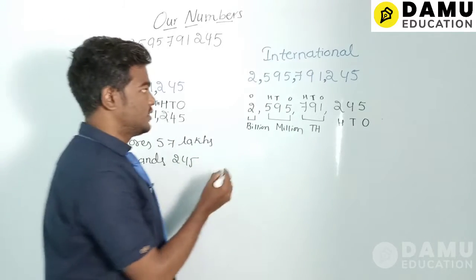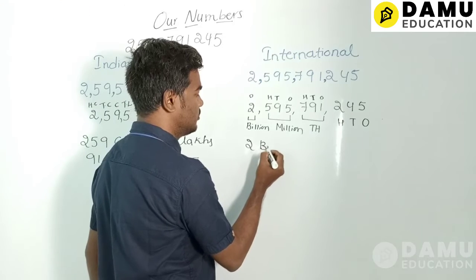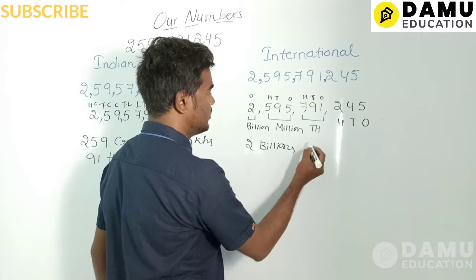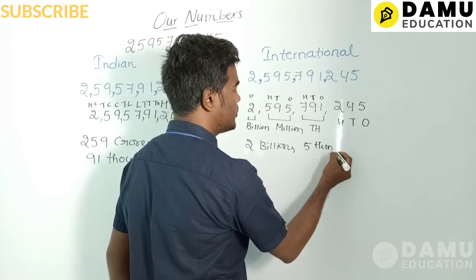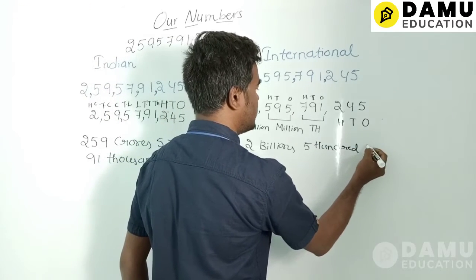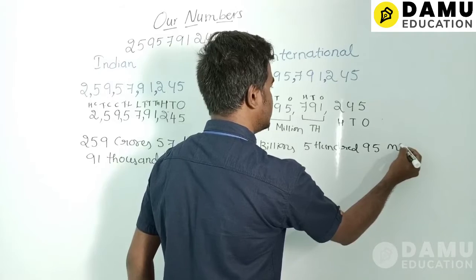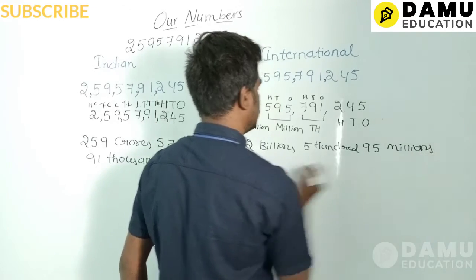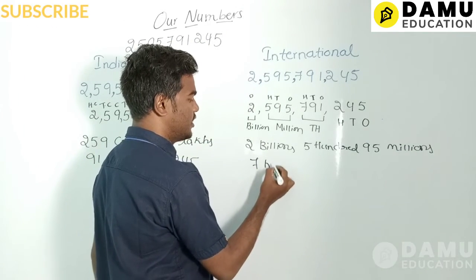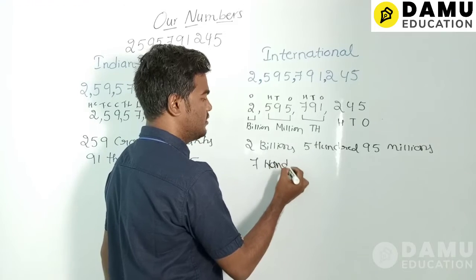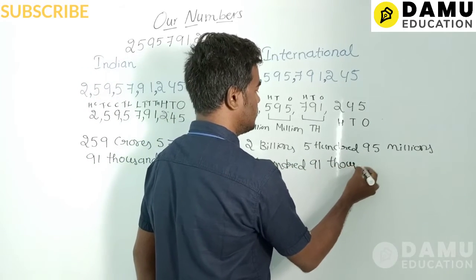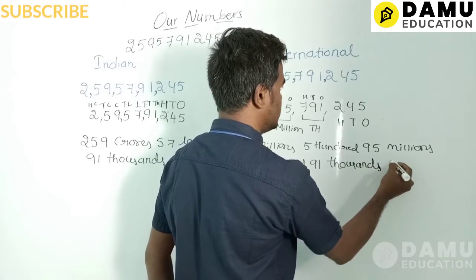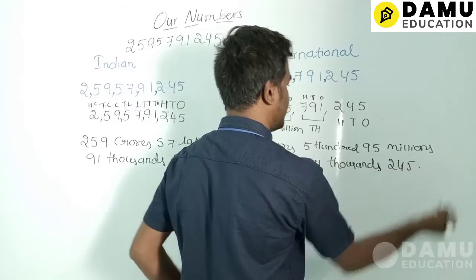Then the international system. So 2 billions 595 millions 791,245.